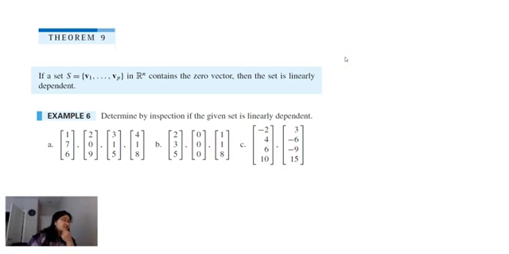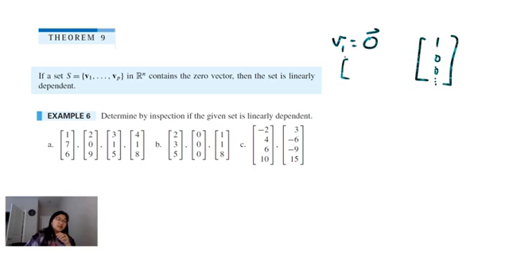And if we have a set of vectors that contains the 0 vector, then that set is going to be linearly dependent. Why is that? Well, if you say v1 is your 0 vector, then you can say 1 times v1, and then as many zeros as we need times v2, and so on until vp.